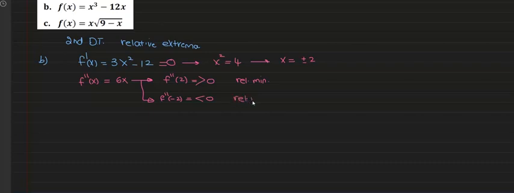Downwards, and we have a relative maximum. So if it's positive, we expect a minimum. If it's negative, then it's a maximum. And remember the concavity behind that.